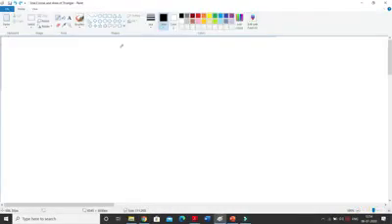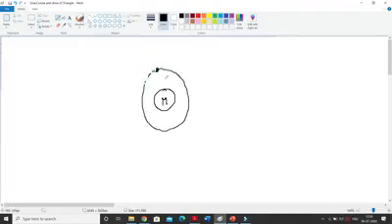So before we derive the formula for orbital speed of the satellite, let's revise Newton's law of gravitation. The planet whose mass is M, and there is a satellite. This is a satellite which is revolving in a circular orbit at a radius, at a distance r from the center. So this is the satellite, and whose mass is small m.